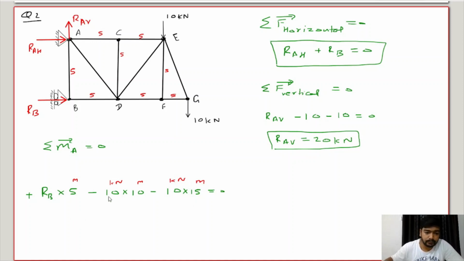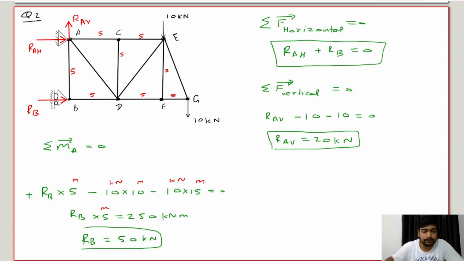So this is 100, this is 150. So 100 plus 150 is 250. So RB into 5 equals 250 kilonewton meter. So RB comes out to be 250 divided by 5, which is 50 kilonewton. We got this answer.